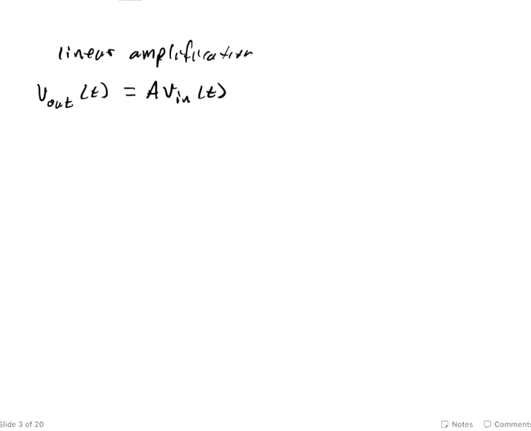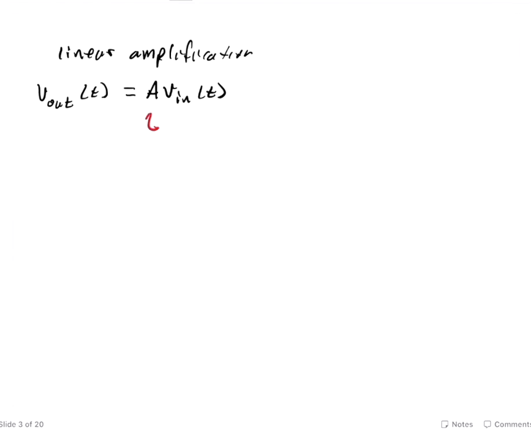So what does linear amplification look like? What do I really mean by linear amplification? What I mean is if we have an output signal, V out, which is a function of time, we could rewrite it as some number A times V in, which is a function of time.